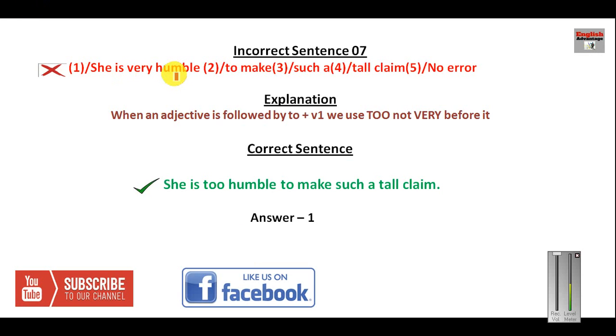She is very humble to make such a tall claim. See, if you had said she is very humble, till here the sentence would have been correct. But this adjective is followed by to plus V1. So in these kinds of sentences, you have to say here too, T-O-O.